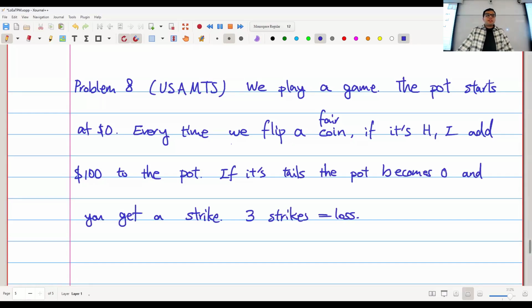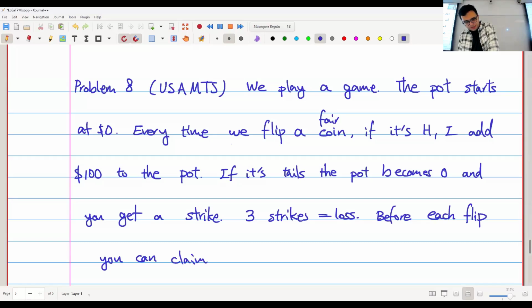But before every coin flip, you can say you don't want to continue, and you can just take everything in the pot. Before each flip, you can claim the pot. Okay, it's a very simple game.